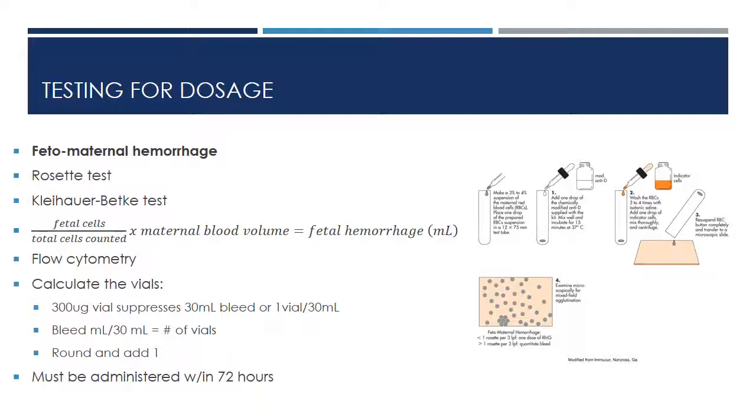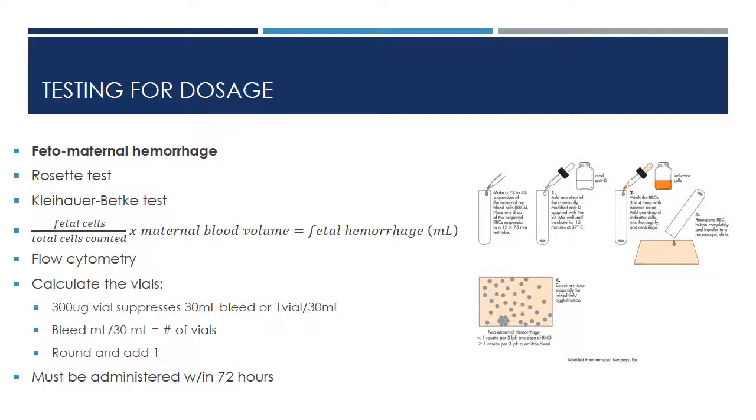Standard dose is 300 micrograms. And that would suppress the sensitization of 15 milliliters of red cells or 30 milliliters of whole blood, which should be good enough protection for the average labor and delivery. So remember, you get a 300 microgram dose at 28 weeks and another one at labor and delivery.